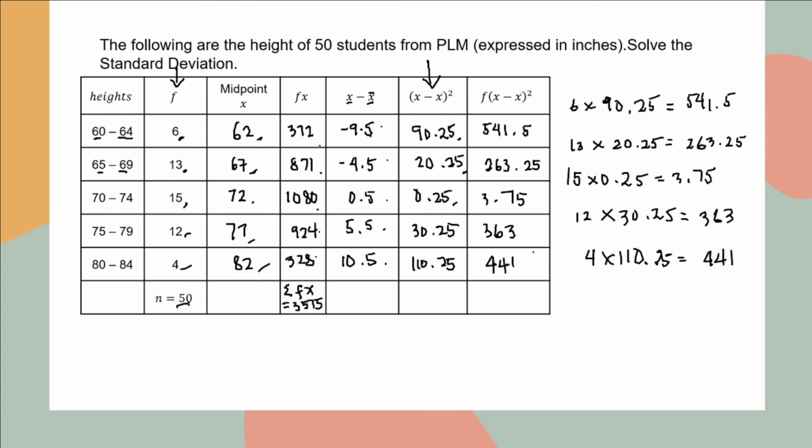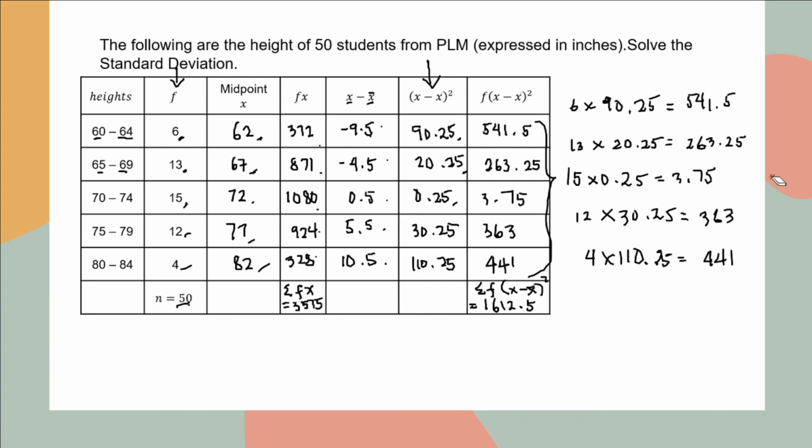Okay. So next step, kukunin natin yung total nito. So ang tawag dyan is summation of F times the square deviation. So our answer is 1,612.5. Okay. So we can now solve the standard deviation.